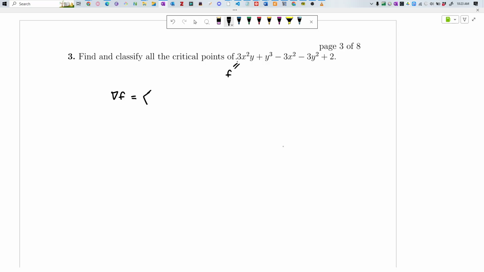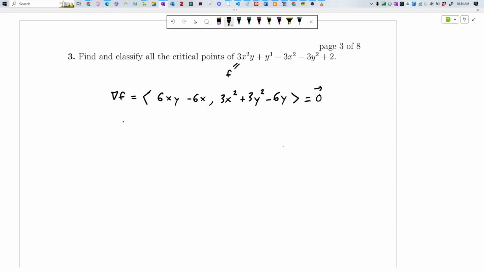The x derivative, this term is going to give me a 6xy minus a 6x. And then the y derivative is going to give me a 3x squared plus 3y squared. Nope, not that term, but this term, minus 6y. And we set all of that equal to 0 to solve for the critical points.